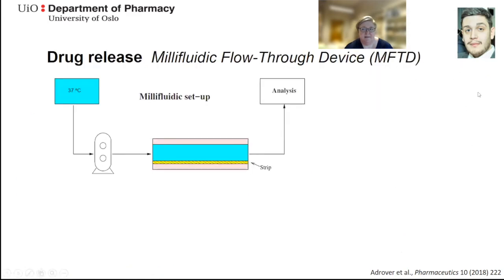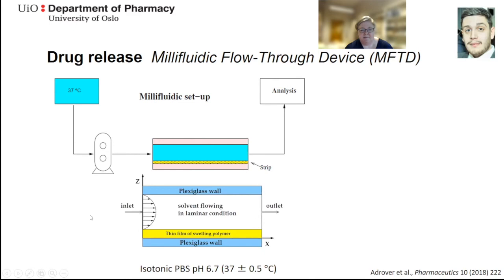Then we collaborated with, or had, a visiting PhD student from Rome, and he had developed a millifluidic flow-through device where he has the film in a channel and pumps the fluid above the film.